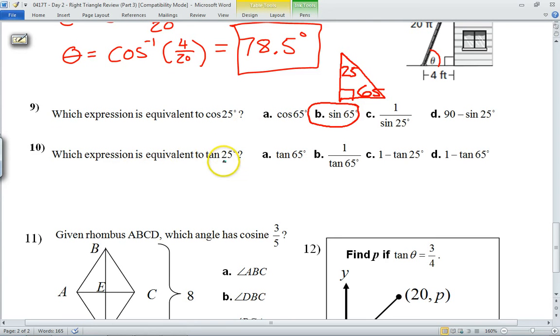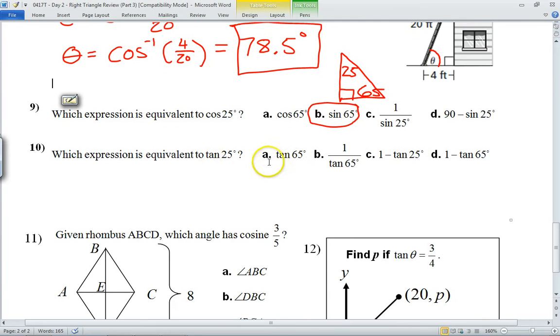Now, what about this one? We didn't really talk about ones like number 10 before. Let's see if we can figure it out. Okay, looking through this problem, again, we've got the 25 and the 65. Just like this right triangle, 25 degrees, 65 degrees, they go together in a right triangle.